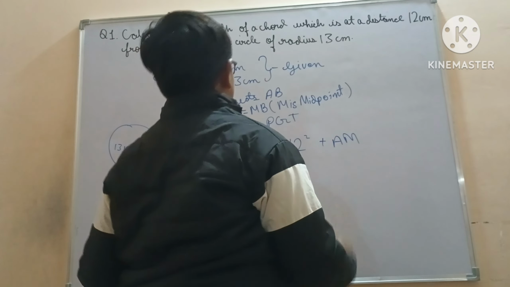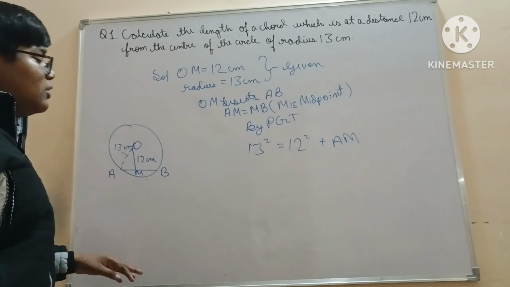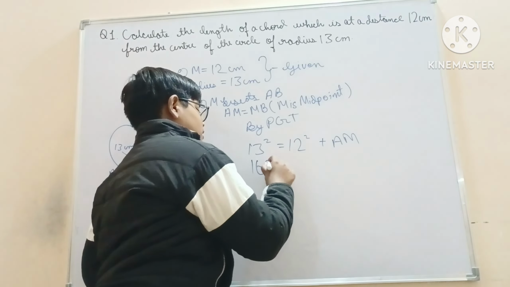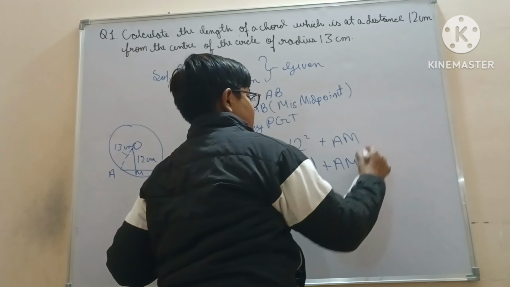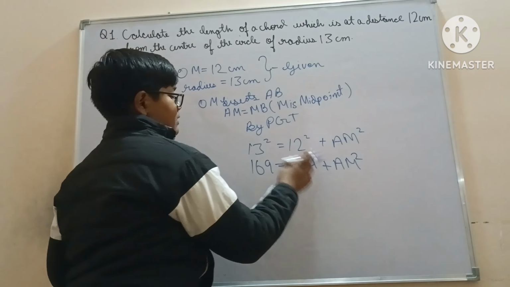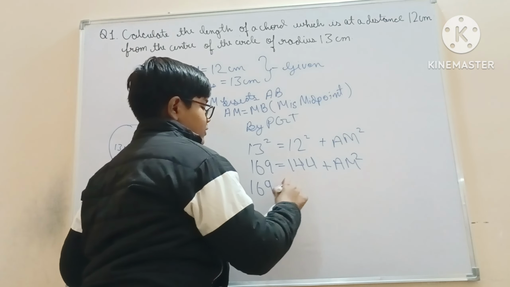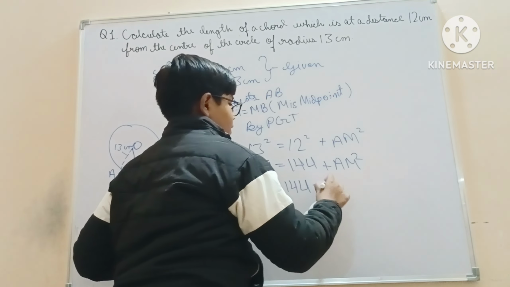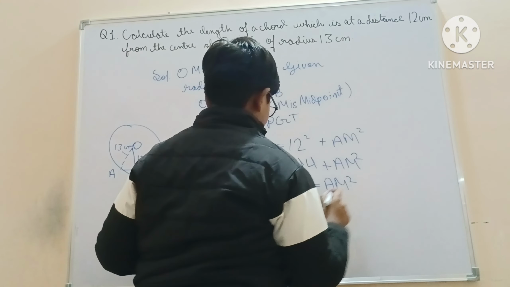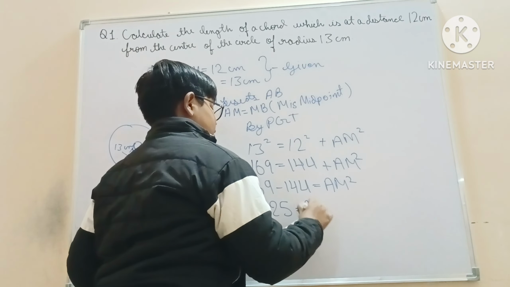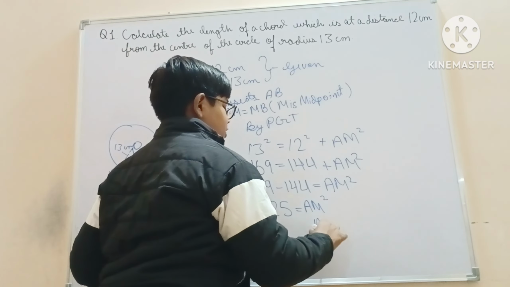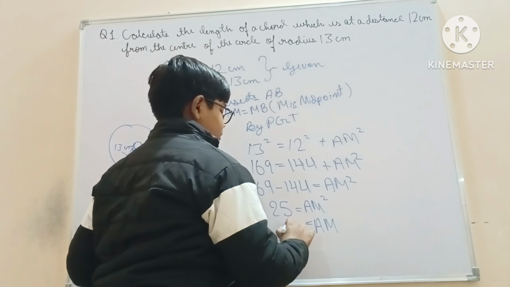By this, we will find the length of the chord. So 13 square is 169 and 12 square is 144 plus AM square. Now this 144 will be moved here for finding the value. So it will become 169 minus 144 is 25, which will be AM square. Now we take the root of both values and we get the value of AM as 5.